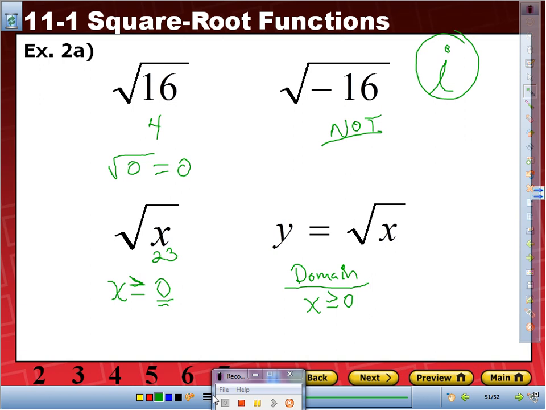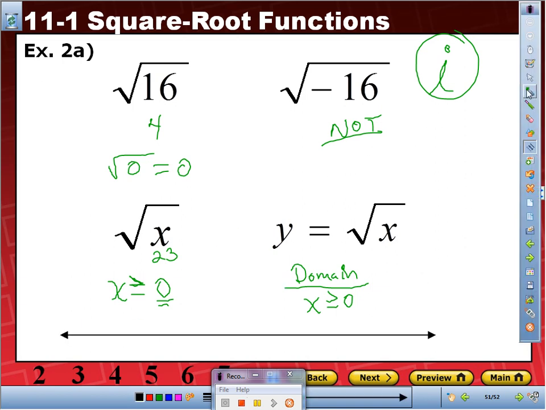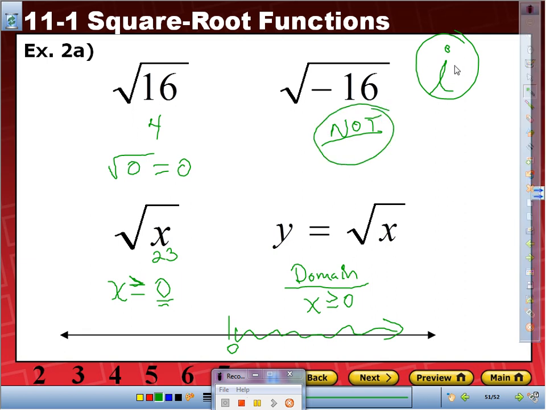Are we there? Does everyone understand why it's the domain? Because the values of x, let me show you with a number line. The values of x could be from 0 all the way this way. Can we include any negatives? No, because it becomes imaginary. That's why my domain is x greater than or equal to 0. Copy that, please.